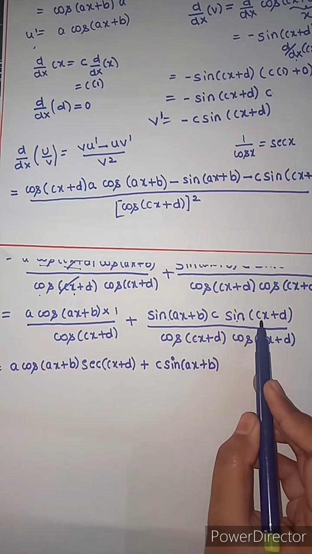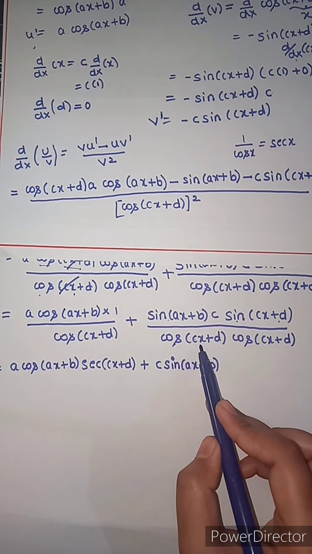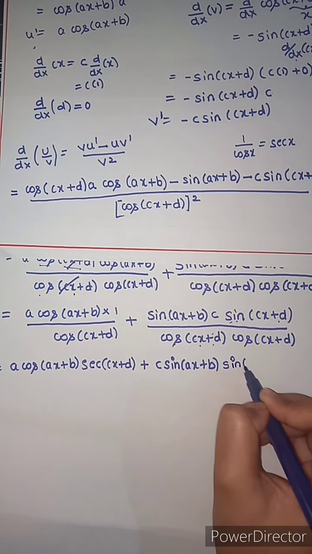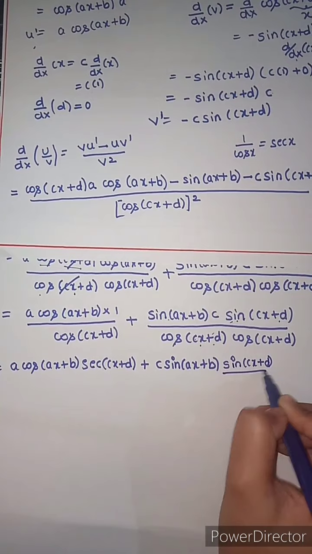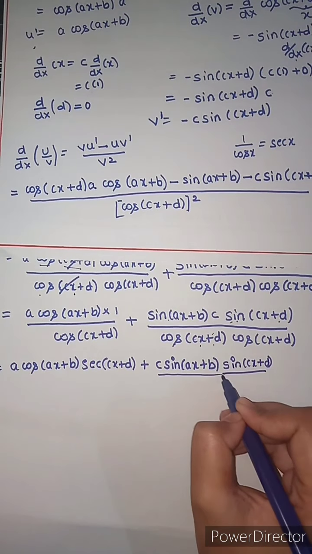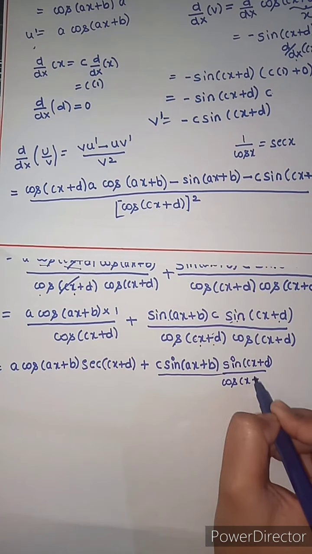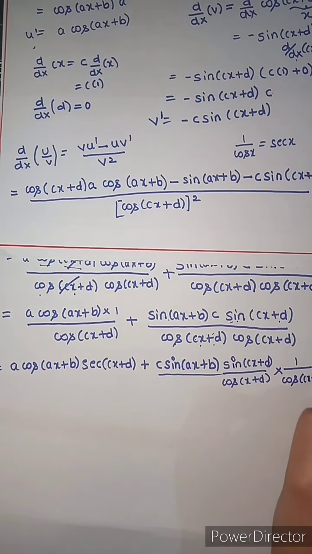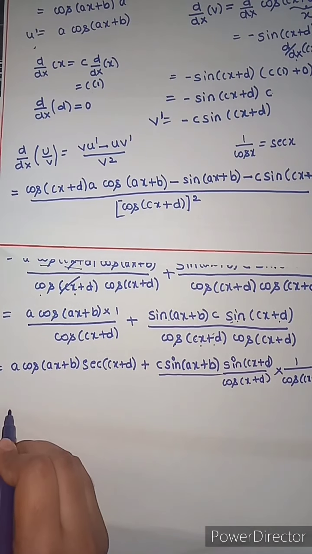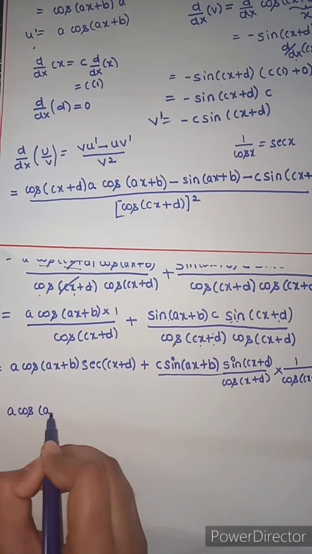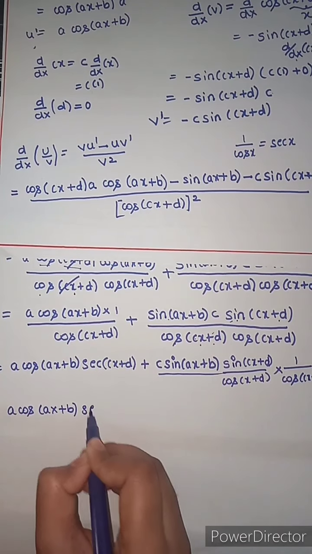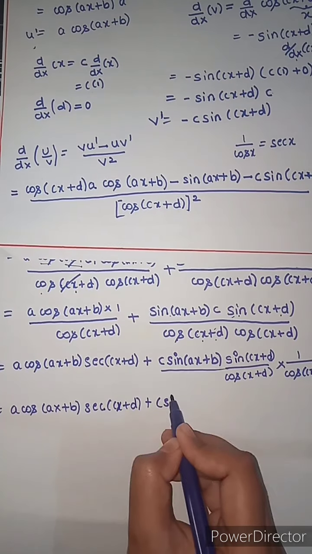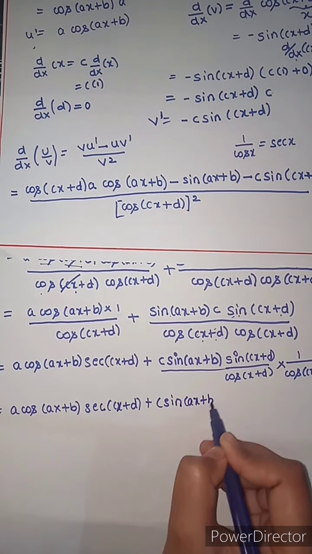So here, sin of cx plus d over cos of cx plus d, these two I will write separately, over cos of cx plus d into 1 over cos of cx plus d. Write this as it is, ax plus b secant of cx plus d. This is also the same, ax plus b.